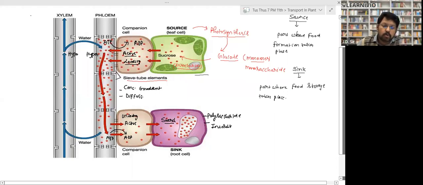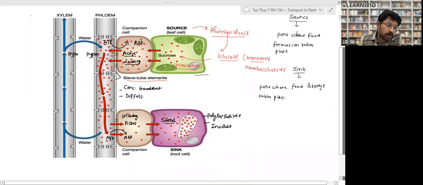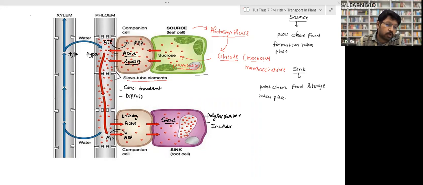First, glucose changes into disaccharide, so from glucose, formation of sucrose takes place. So first important question: in food translocation in phloem, the transport takes place in the form of sucrose, that is disaccharide, not in the form of glucose, which is monosaccharide. First important question for your medical exam.